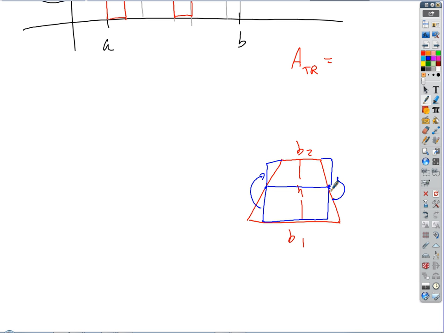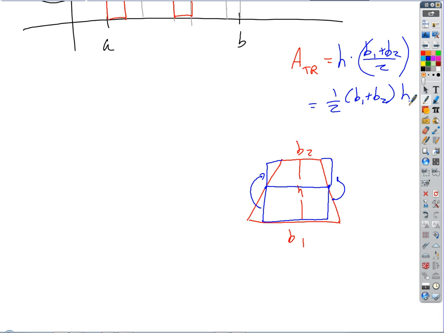And so really the width of this thing is going to be the average of the two, and so we just end up with h times, how would we say the average of the two bases? Well, (b1 plus b2) over 2, right? And so there's our formula then. The way you've seen that is probably 1/2 times (b1 plus b2) times h, right? But that's where we get it.